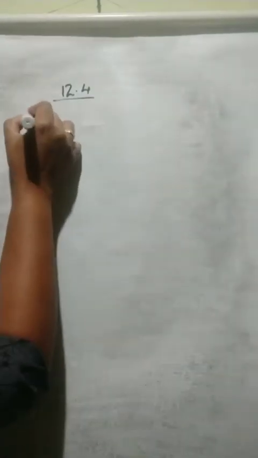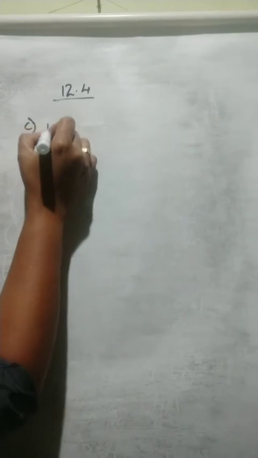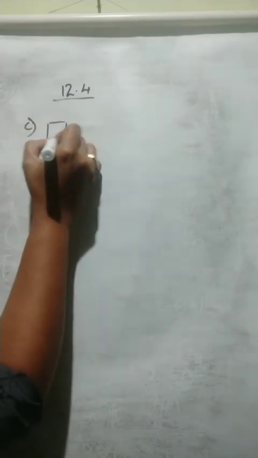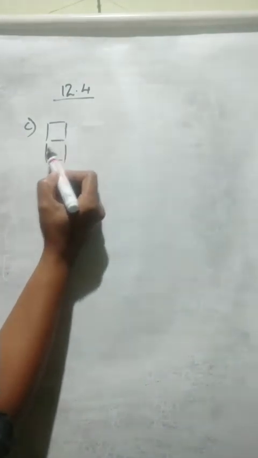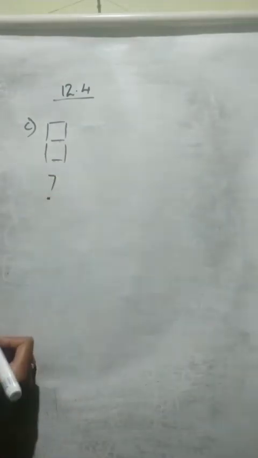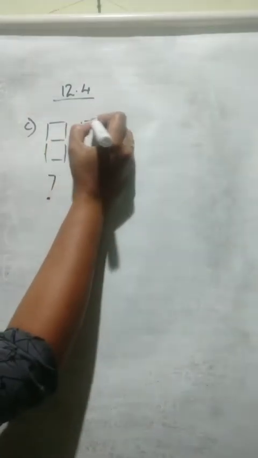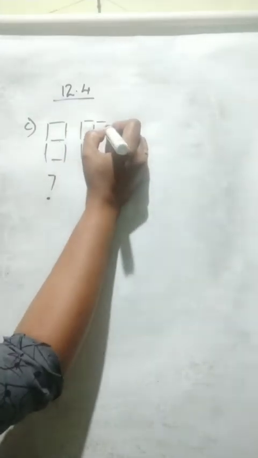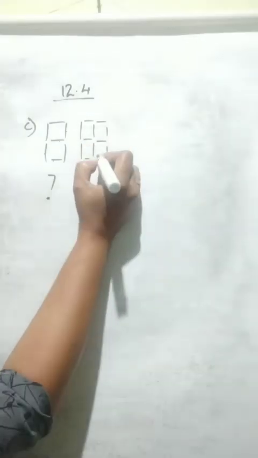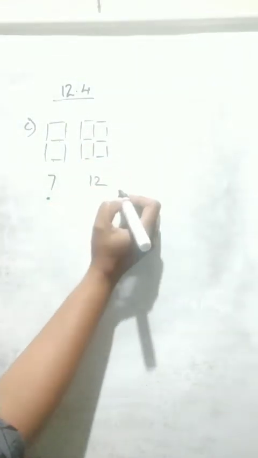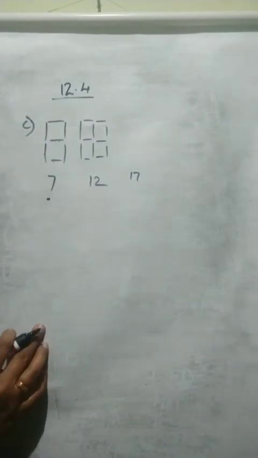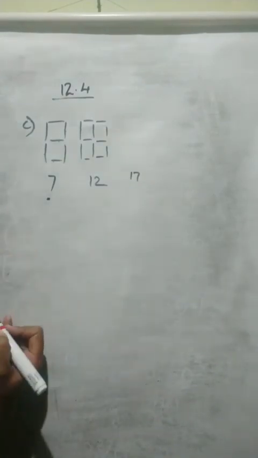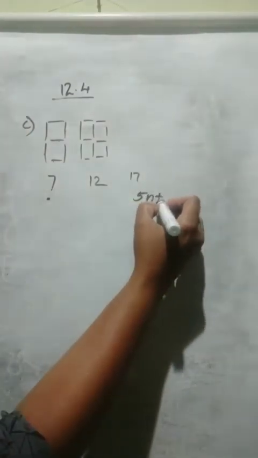Question number C. 8 is the digit. How many are there? 1, 2, 3, 4, 5, 6, 7. So 7. Next one, 1, 2, 3, up to 12. So 12. Then for the next one, 17. Everything is given in the question. Okay. The algebraic equation is 5n plus 2.